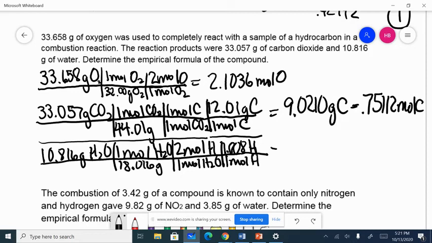But I know that I also need the moles of hydrogen. So this gives me 1.2103 grams of hydrogen, or 1.2007 moles of hydrogen, like such.